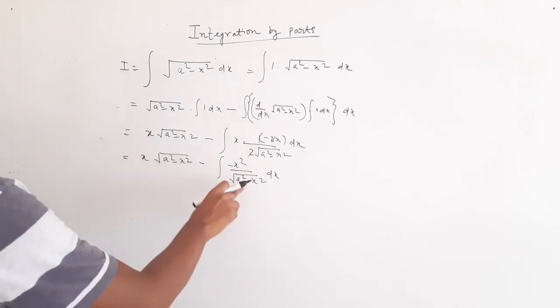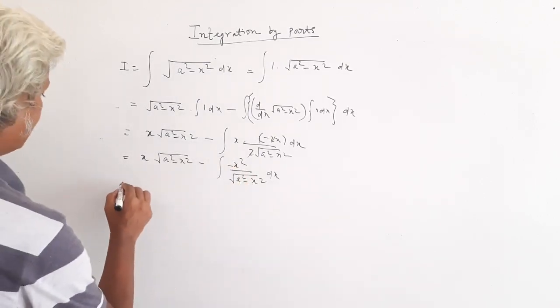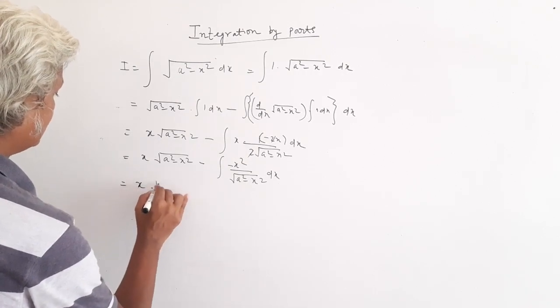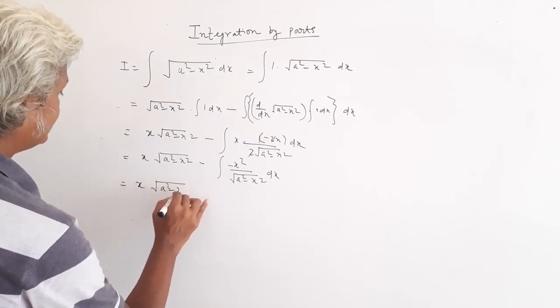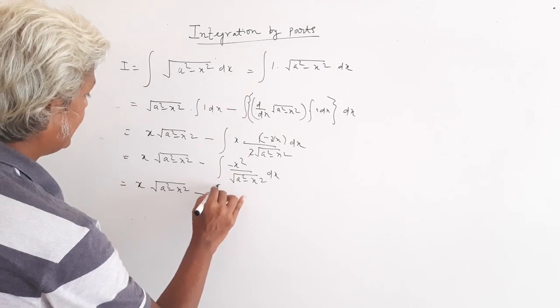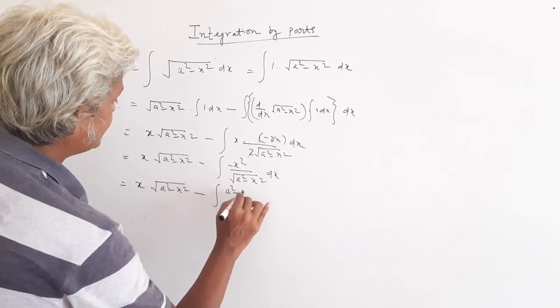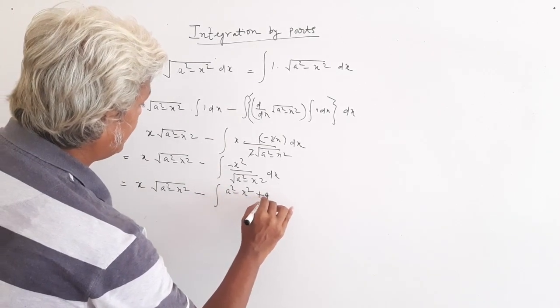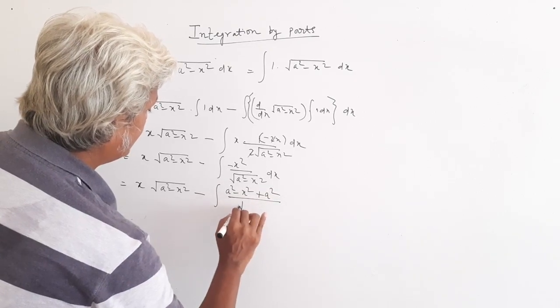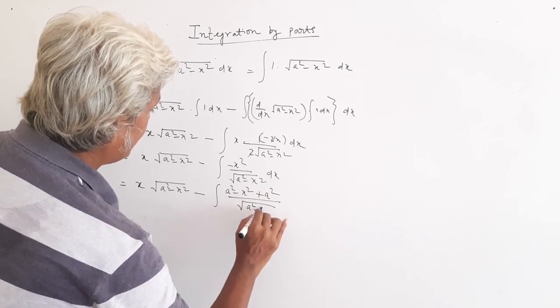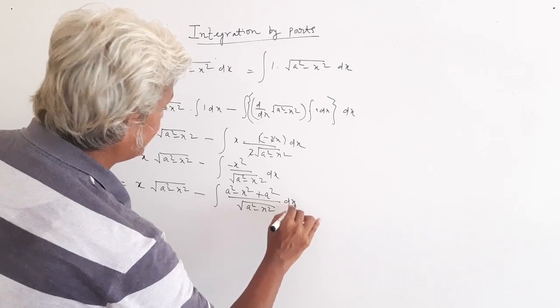In the next step I will add a square and subtract a square. So this becomes x under root a square minus x square minus a square minus x square plus a square upon under root a square minus x square dx.